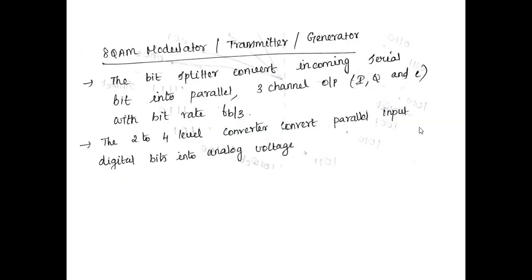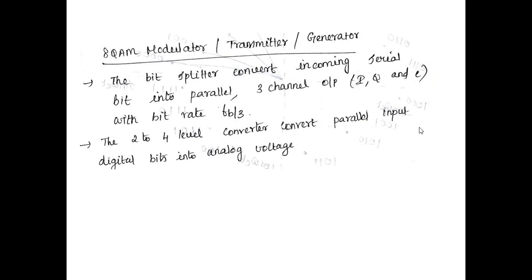So for the 8 QAM modulator transmitter, the bit splitter converts incoming serial bits into parallel, giving 3 bit outputs. In QPSK, quadrature phase shift keying, we have a dibit, a combination of 2 bits. Here we have 3 bits.